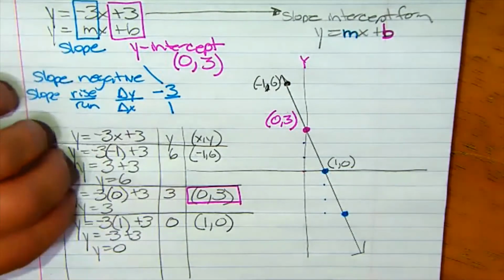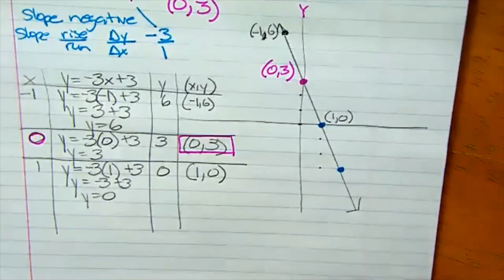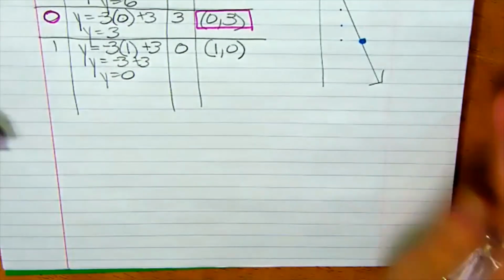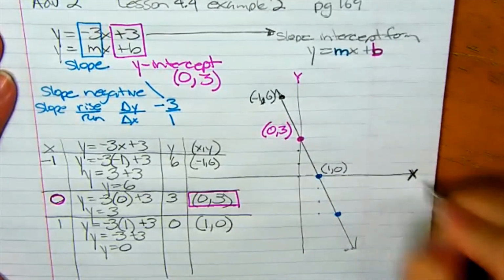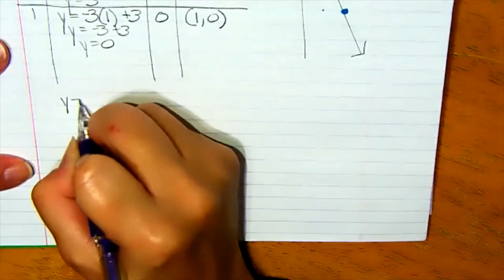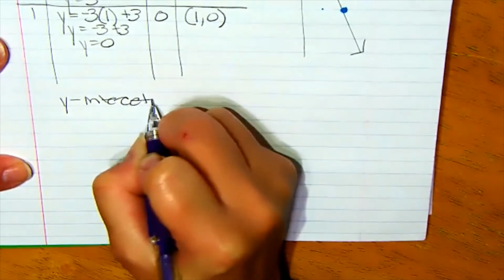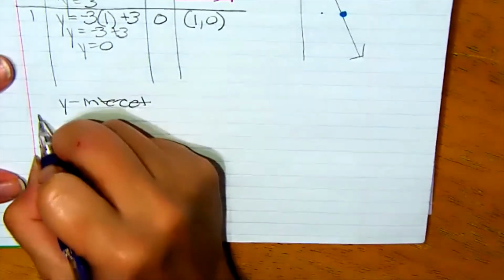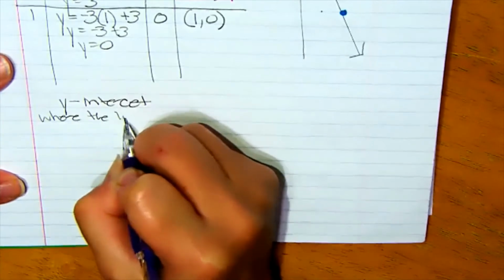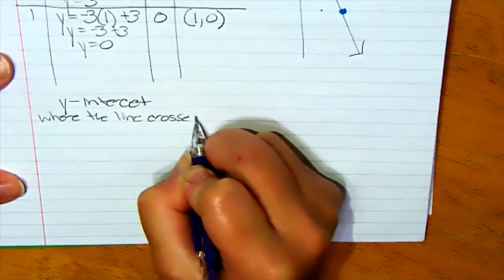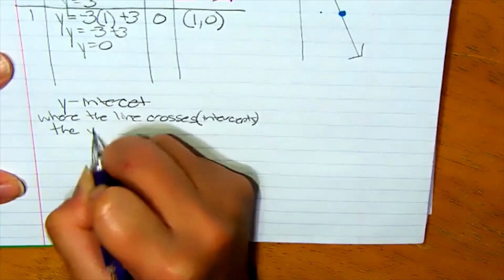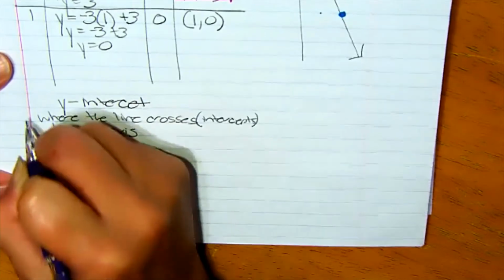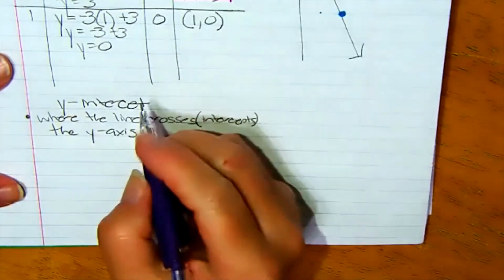Okay, so this is what we've been working on. The only thing we're adding is this problem asks me, what is my x-intercept? What is my x-intercept? So let's talk about this. Y-intercept. The y-intercept is where the line crosses or intercepts the y-axis.